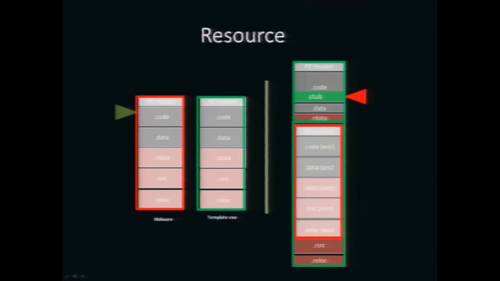It will then decrypt the original malware, which is in the resource section. And last but not least, it will write this to the correct place in memory, the expected place where this malware was going to execute, which is the beginning of the image base address, let's put it like that. And of course, it will still need to parse the import table and hot patch the Windows API function addresses.